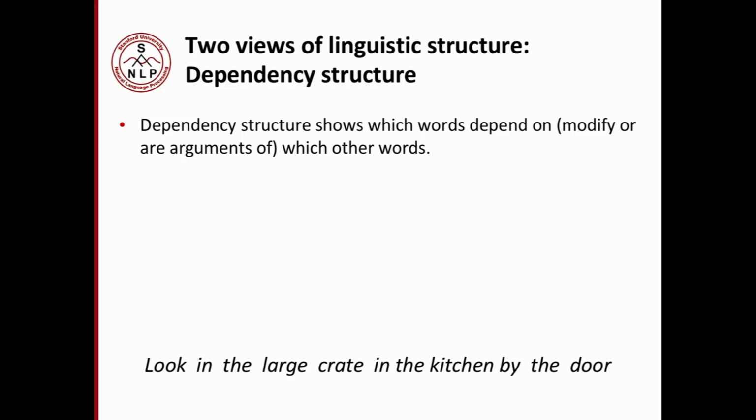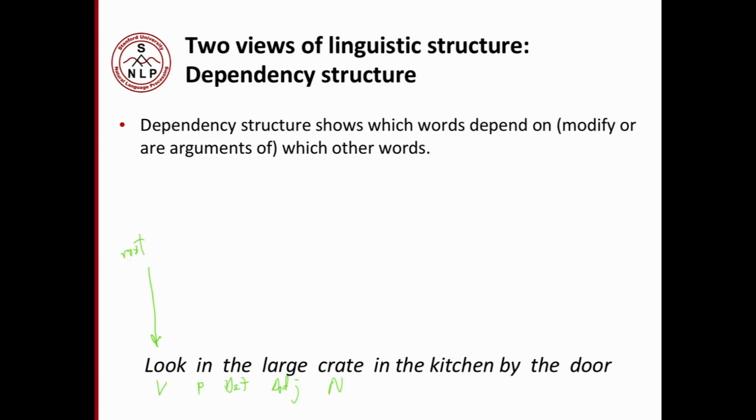So we have a sentence, "look in the large crate in the kitchen by the door," and if we want to, we can give these words word classes, so we can still say this is a verb, this is a preposition, this is a determiner, this is an adjective, and this is a noun. But to represent the structure, we say, well, here is the root of this whole sentence, so that's where things start.